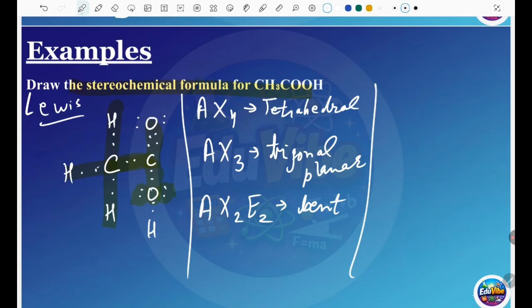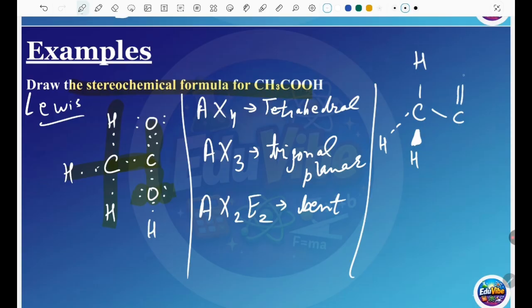So now we have to make the structure with those 3 parts, and we have to make the stereochemical one. To make this, firstly we make the AX4, which is for this. This has to be made with C as the center. So this is 1 H, this is 1 H, this is 1 C we have, and this goes out of the page, the triangle wedge we have H. Now this C is the trigonal planar.